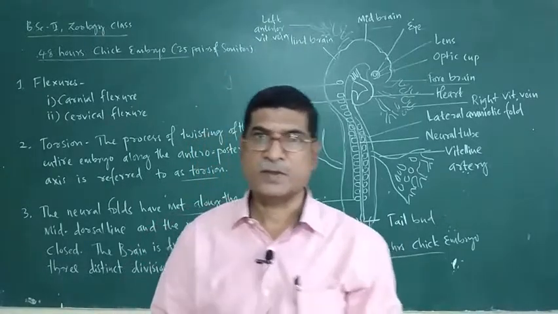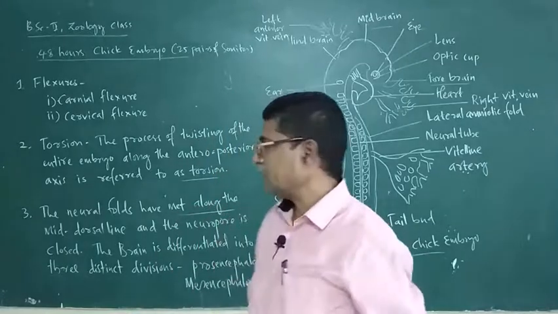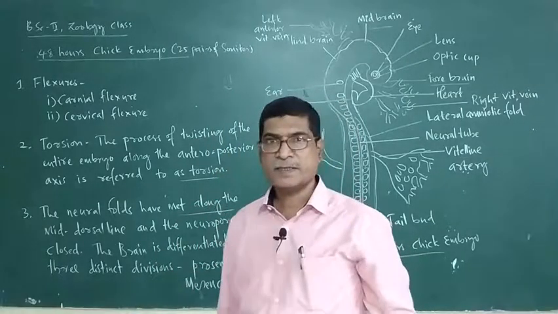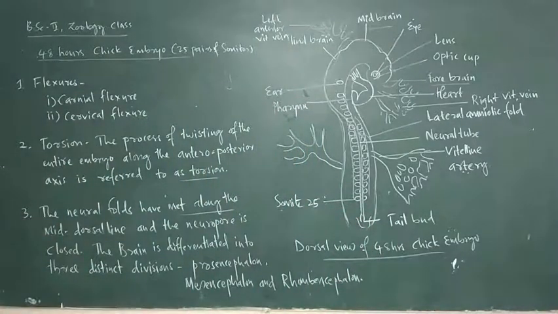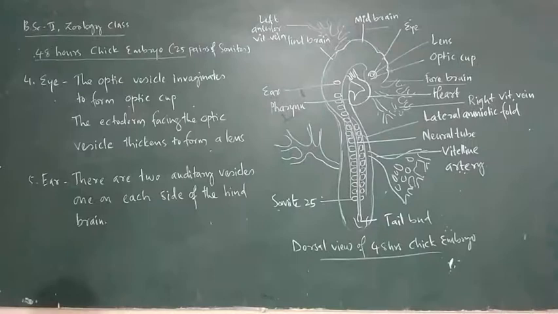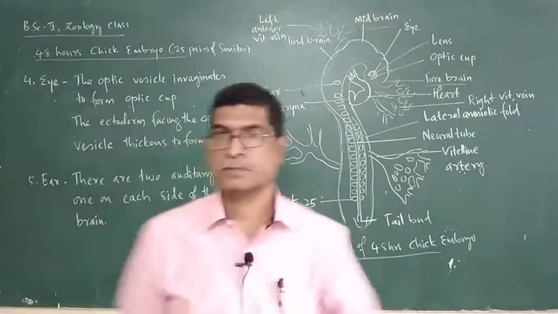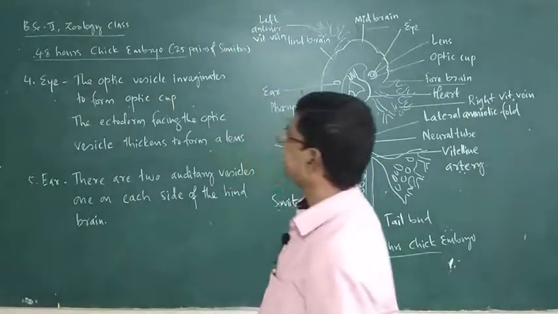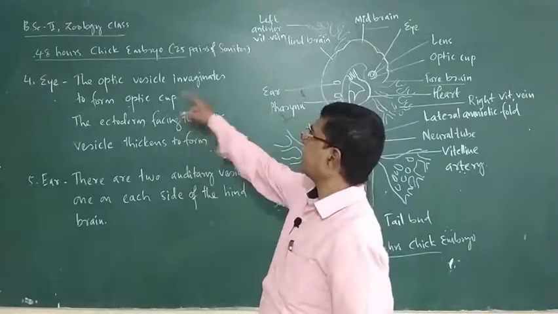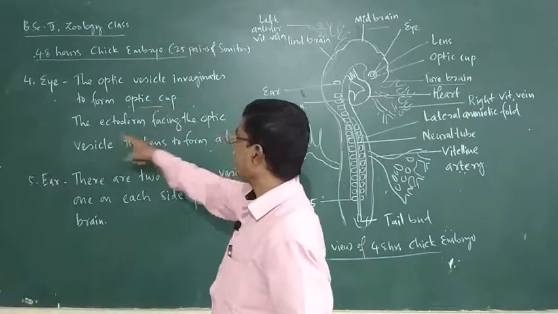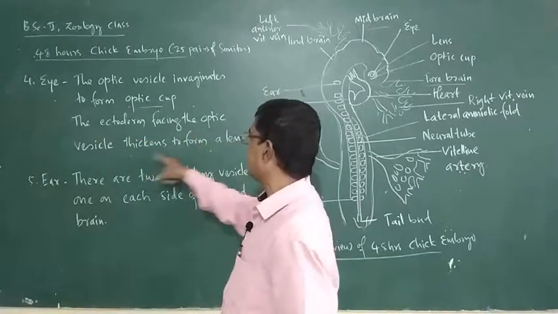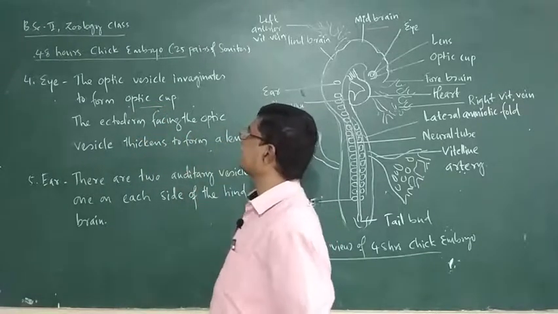Okay. So let us see some other structures seen in this embryo. The optic vesicle invaginates to form the optic cup. The ectoderm facing the optic vesicle thickens to form a lens.